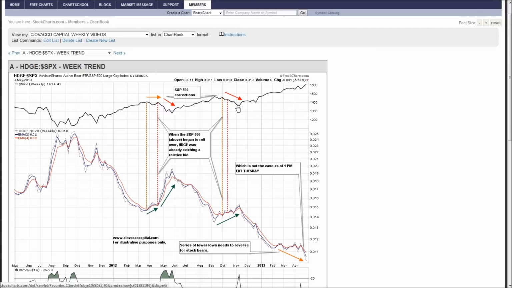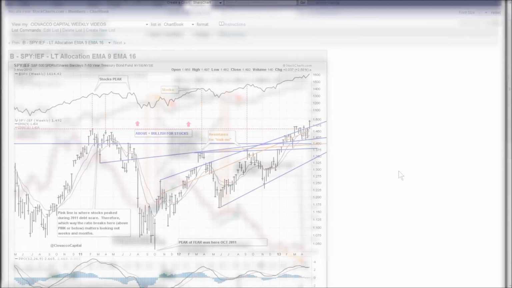Here, stock market corrects. The ratio is already making higher lows and higher highs and looking bullish. That's not what we had last week. Last week, heading into the employment report, this looked really nothing like this. This still favors bullish outcomes.